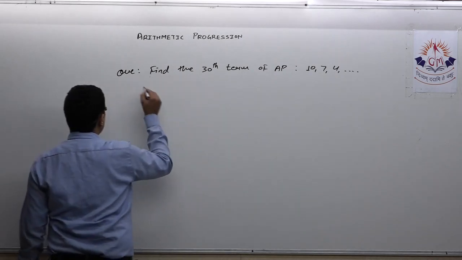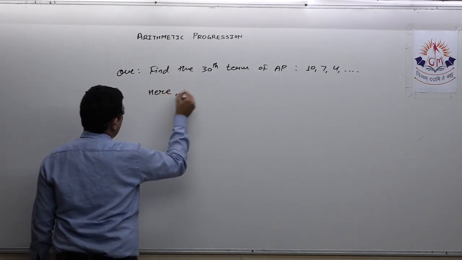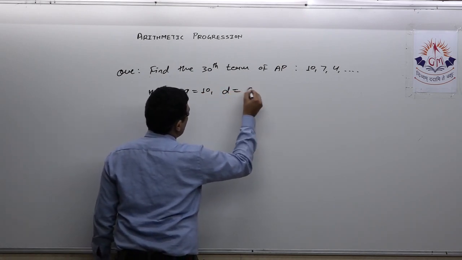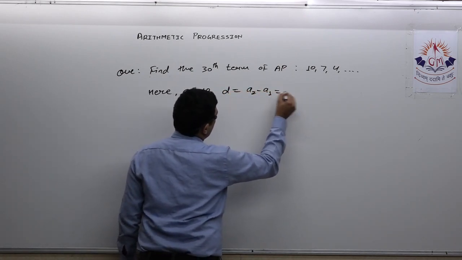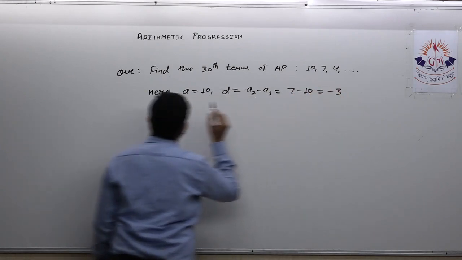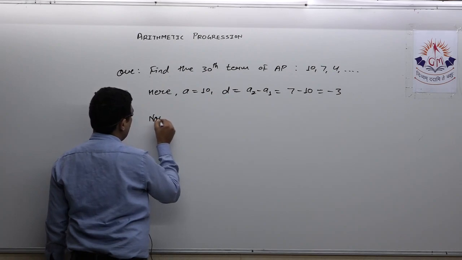So over here, we have A equal to 10, D equal to A2 minus A1, that is 7 minus 10, that is minus 3. Now what we have to find? A30.